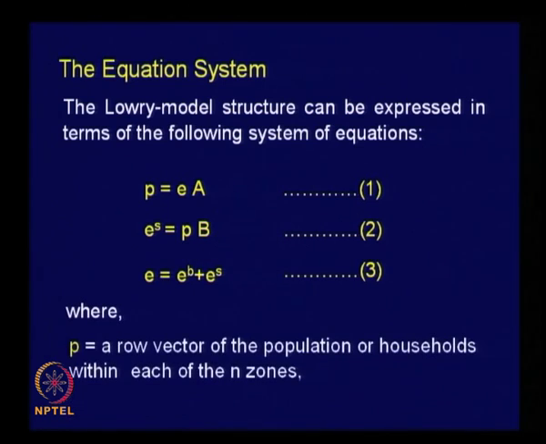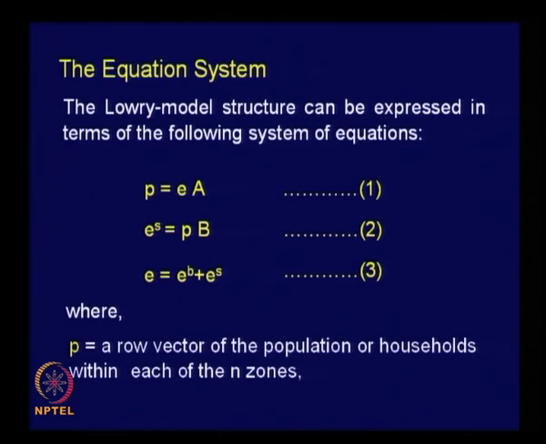Of course, P is nothing but a row vector of the population or households within each of the zones considered, say n zones, and E is a row vector of total employment, right, and ES is again a row vector of service employment, and EB is a row vector of basic employment in different zones of the urban area.